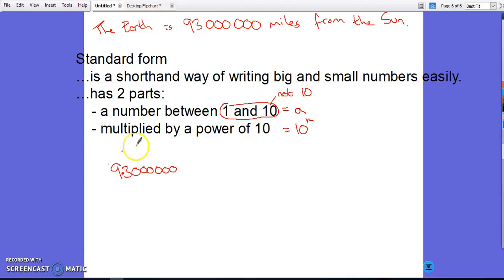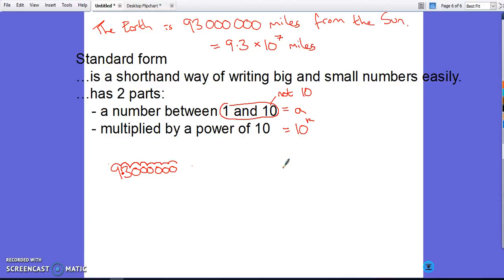What would I need to multiply this number by to get back to this? Well, I'd have to multiply it by 10, 100, 1,000, 5, 6, 7. I'd have to multiply it by 1 with 7 zeros behind it, or 10 to the power of 7. So 93 million is equivalent to 9.3 times 10 to the power of 7 miles.